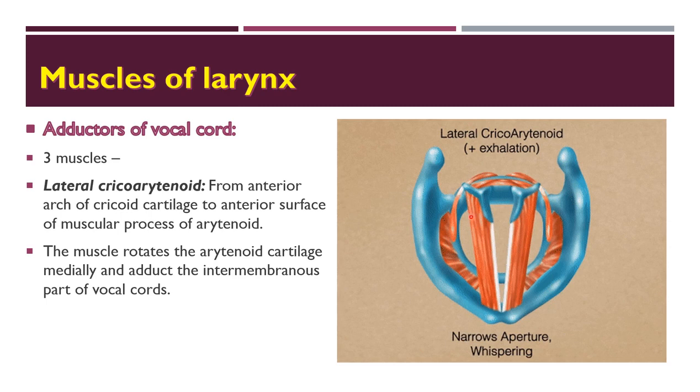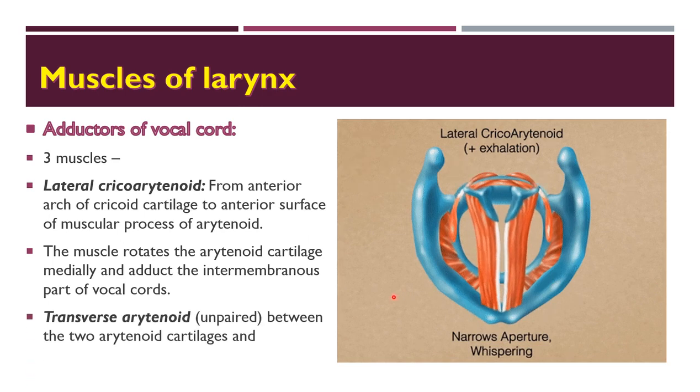While this rotary movement is performed by the lateral cricoarytenoids, there are also two other muscles which bring about the adduction of the vocal cord, and that is mainly the transverse arytenoid, which extends between the two arytenoid cartilages. And one more muscle is the oblique arytenoid.